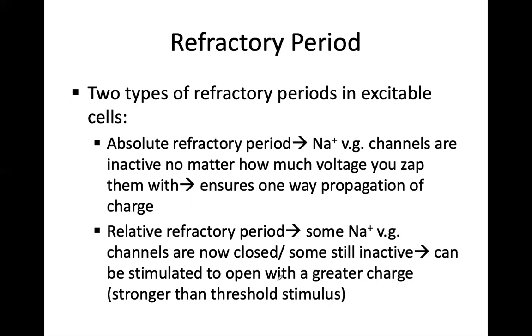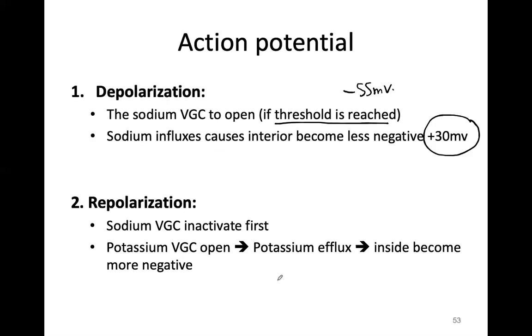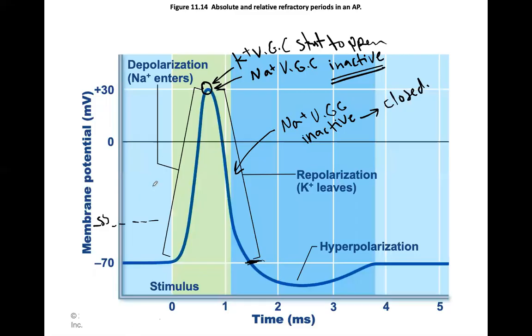So the absolute refractory period, which is kind of highlighted in this picture in green, is where your sodium voltage-gated channels are either open, which means you cannot open them anymore, or they are in an inactive phase, which means you cannot open them. They're using the inactivation gate.